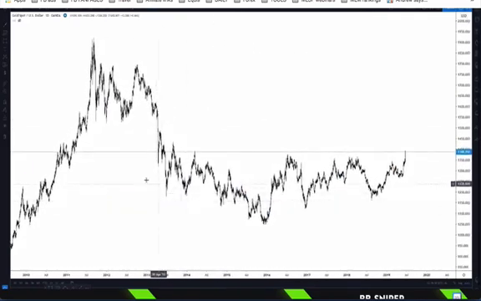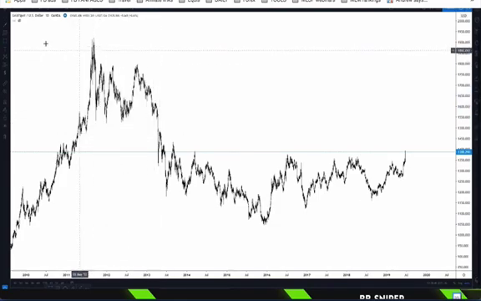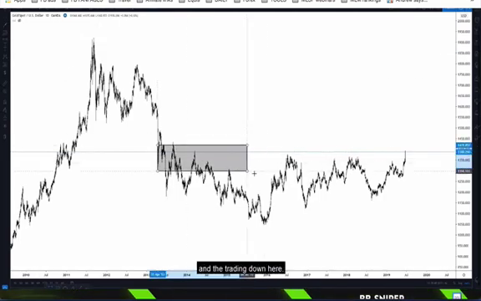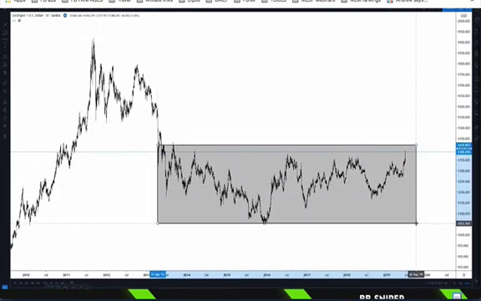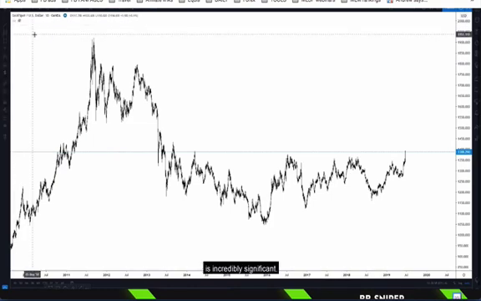Looking at this chart, there are two main points. Trading up here and trading down here. What separates this is incredibly significant.